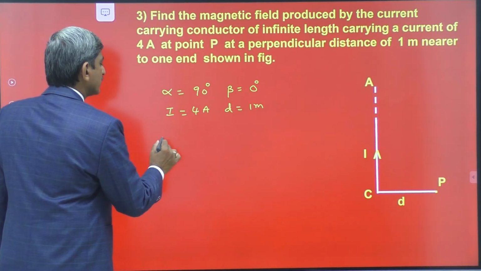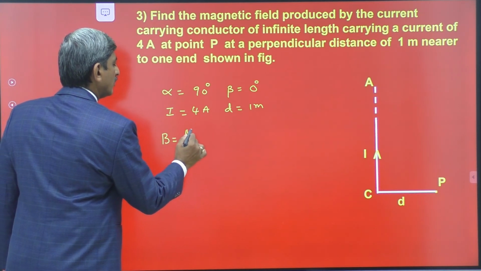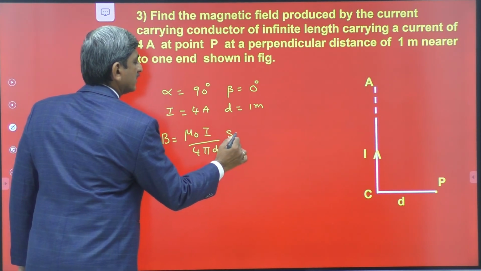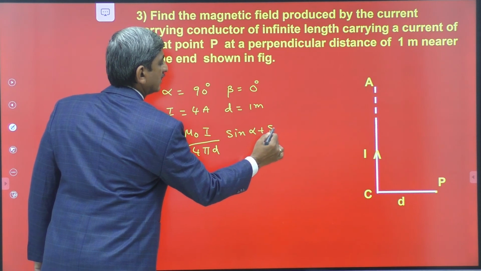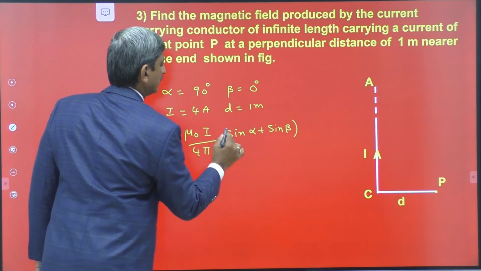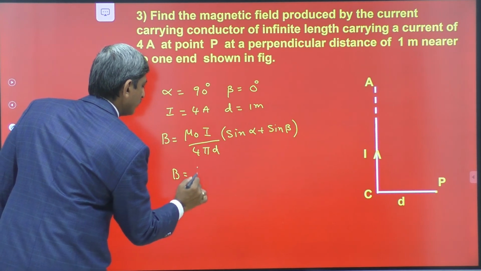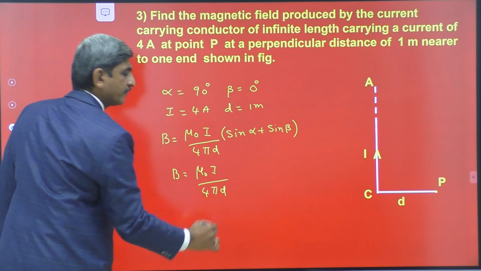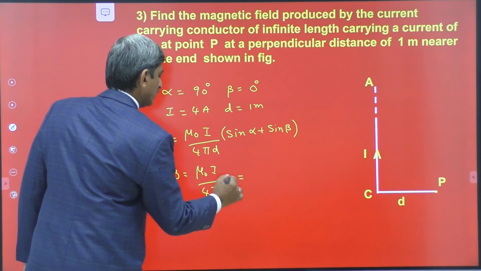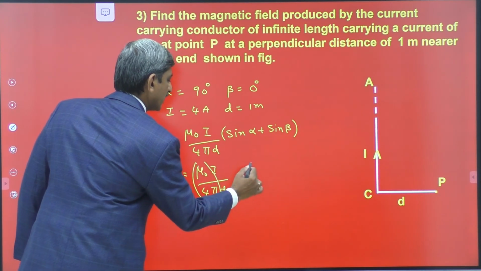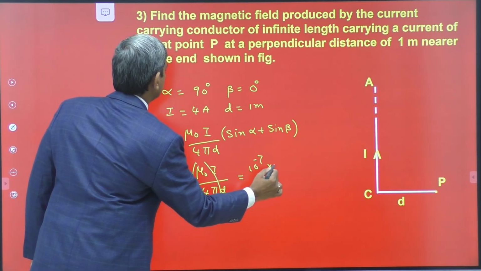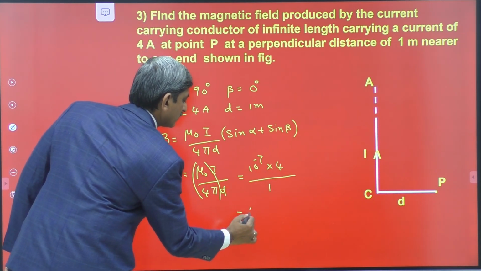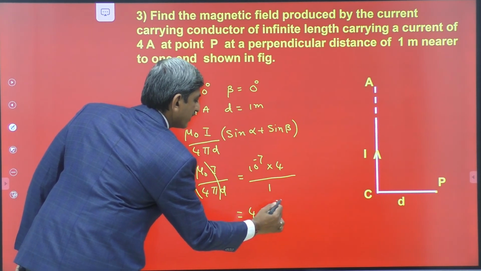Now by substituting these values in the general formula, B is equal to mu naught I divided by 4 pi D, into sin alpha plus sin beta, we have B is equal to mu naught I divided by 4 pi D. This is equal to, this mu naught by 4 pi is equal to 10 to the power of minus 7, into 4 divided by D is equal to 1, so that B is equal to 4 into 10 to the power of minus 7 Tesla.